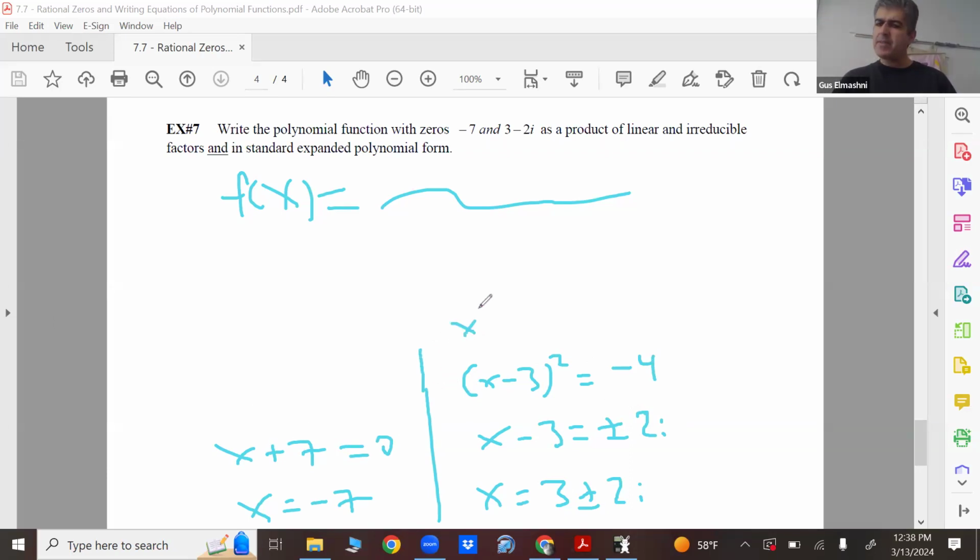And didn't that come from this? And didn't that come from this? See how seamless that was by working backwards? I think that's cool.